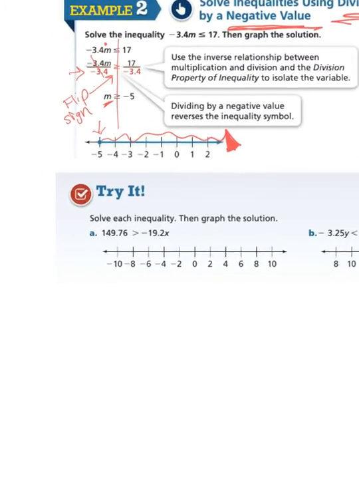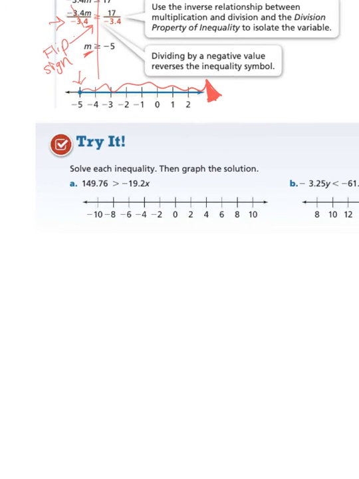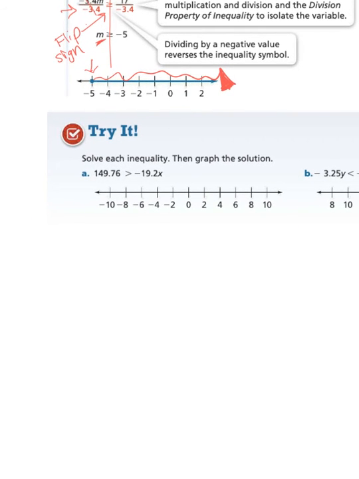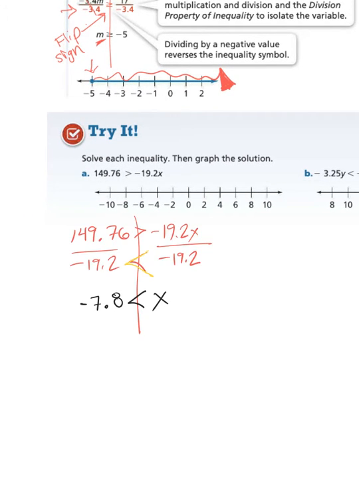Now, I want you to try one over here on your own. Pause the video and give it a try. Is this what you came up with? Remember, you had to flip the sign because you're dividing by a negative number. So, again, pay close attention. We have negative 7.8, that's going to be right in front of the negative 8.